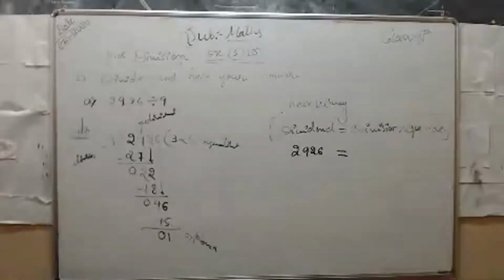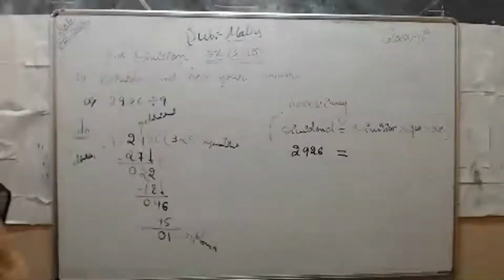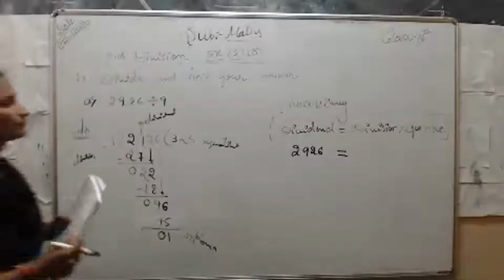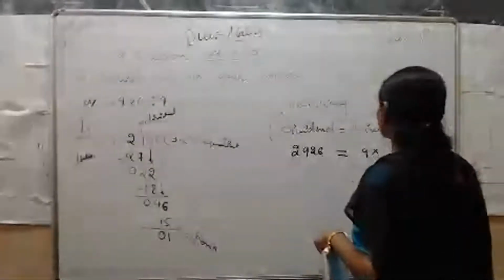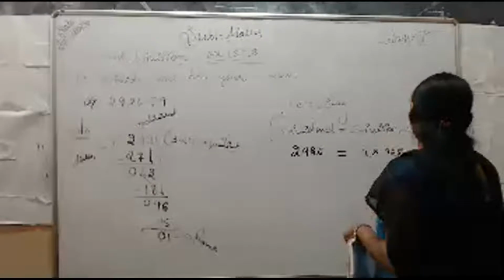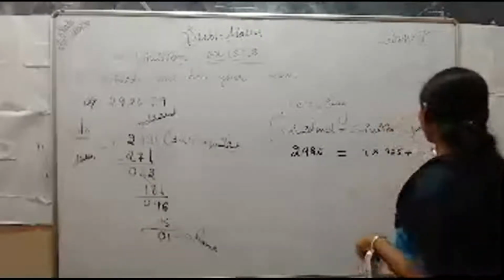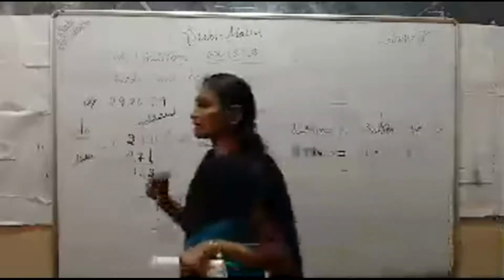What is the value of the dividend? It is already given: 2926 is the dividend. Next you fill in the value of the divisor. The divisor is 9. Next, into, what is the quotient? The quotient value is 325. Plus, what is the remainder? The remainder is 1. In checking, LHS should be equal to RHS.